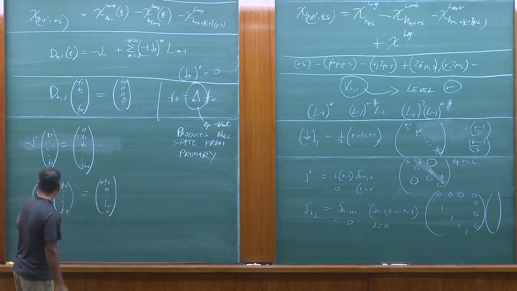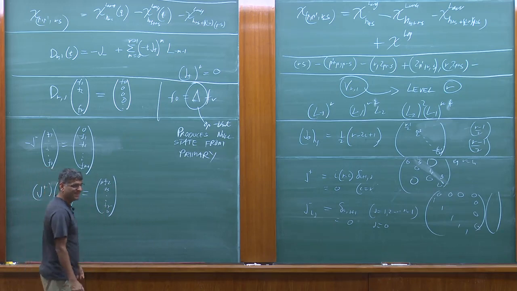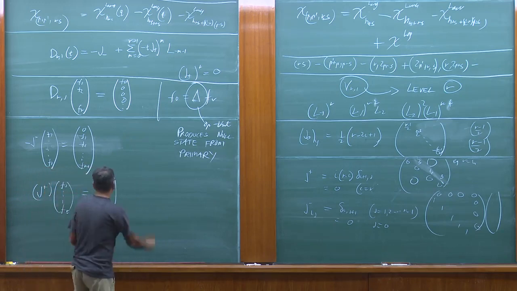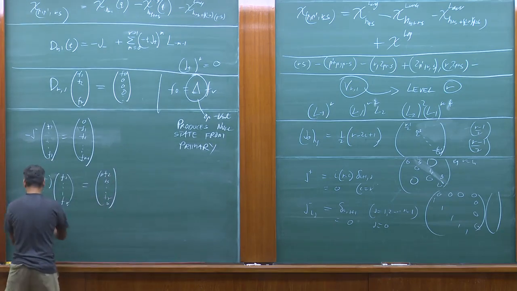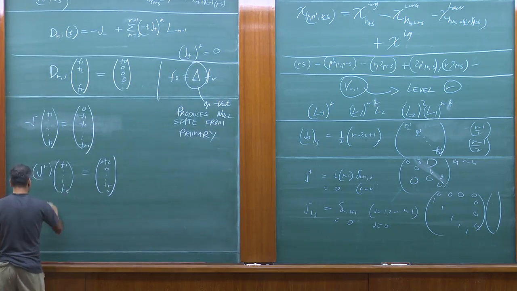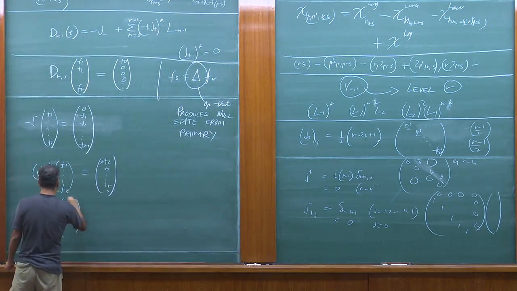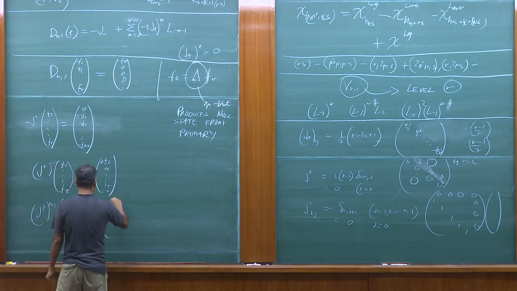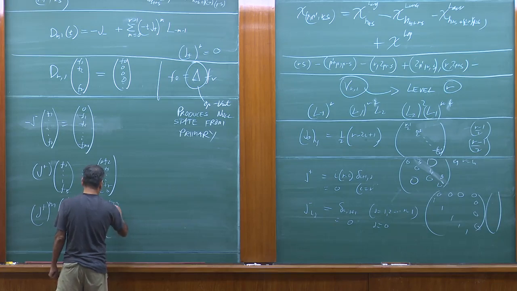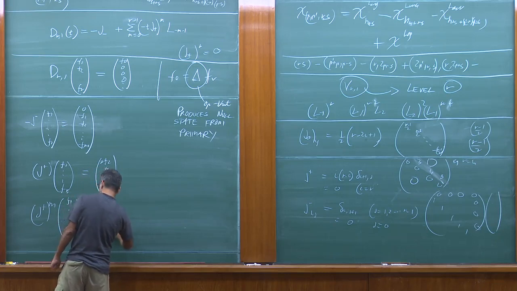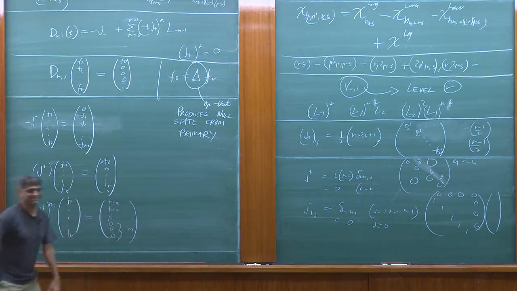If we did it m times, j plus to the power m on F1 through Fr is equal to F1 plus m, F2 plus m, up to Fr and then 0, 0, 0. There will be m such zeros.